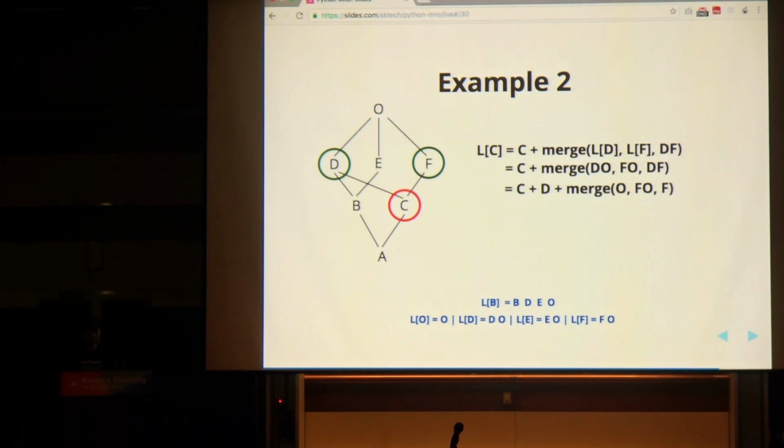So we'll go with O. Does O exist in the tail of any other list? It does, actually. Look at the second list, FO, and O exists in its tail. So you cannot remove O. We'll go to the next list, that is FO. F is at the head of the second list, and we look if F exists in the tail of any other list.